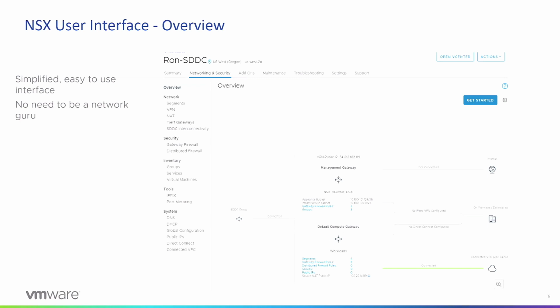So there's not a ton of detail that you have to worry about. You don't have to worry about transport zones or transport nodes. That's part of the SDDC build out that we do for you when you subscribe to the service and are onboarded. So again, the approach is, I want to get up and running as quickly as possible. For me, I would enjoy this part of it, but for most of our customers, they just want workloads to go into the environment and communicate and run their applications, not spend a ton of time digging into networking details and corners and nooks and crannies.